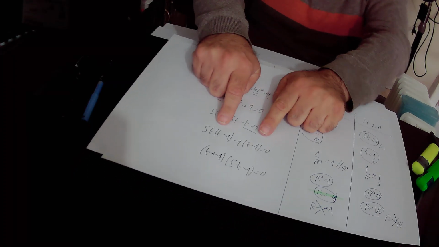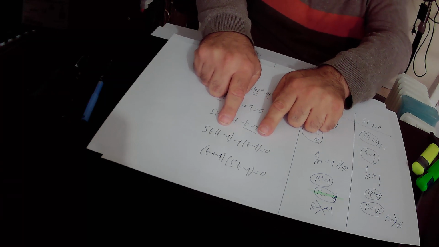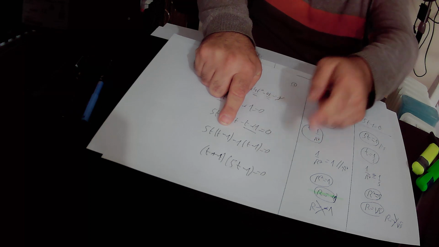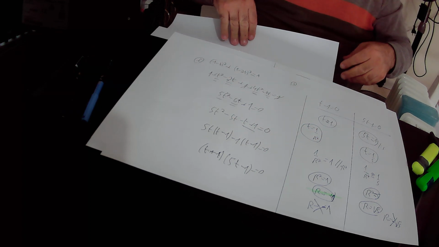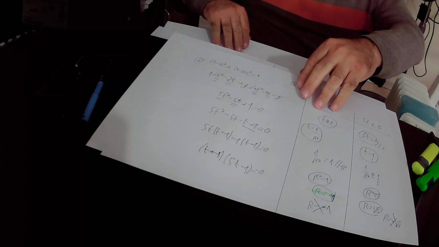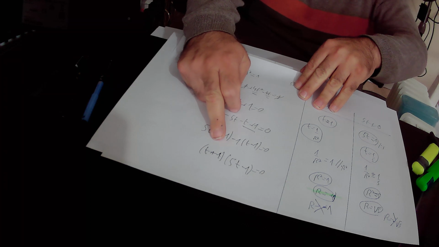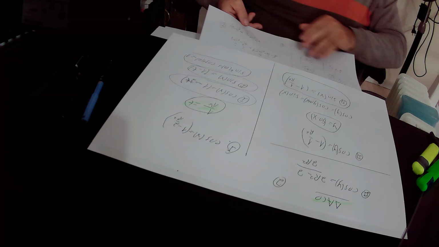Then we took t minus 1 as a common factor out from these two expressions, so inside the brackets we are left with 5t minus 1, that is equal to 0. Okay, so here we have two solutions to this equation, either t minus 1 equals 0 or 5t minus 1 equals 0.